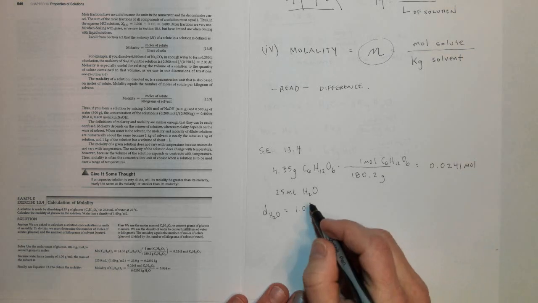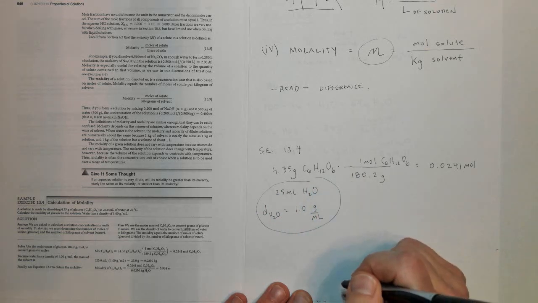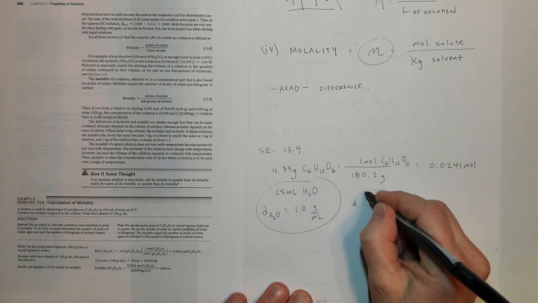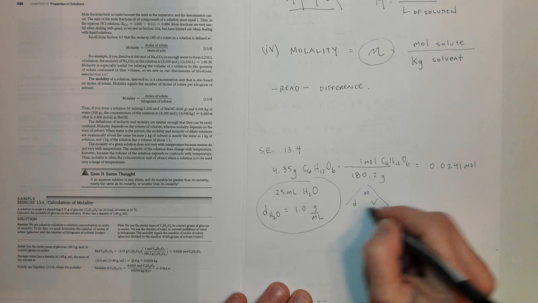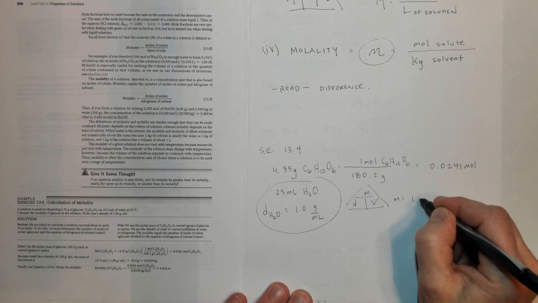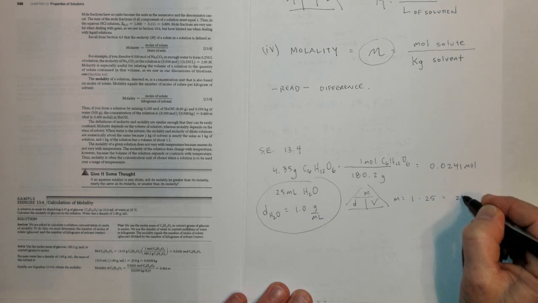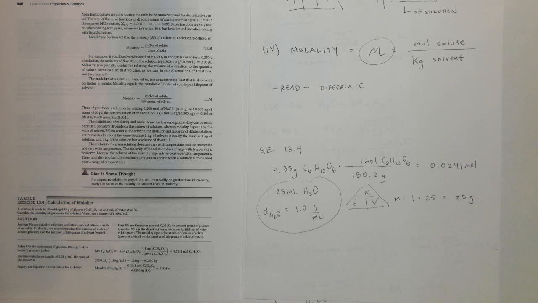And then we'd have to make sure that our solvent is converted to grams. If density is equal to mass divided by volume, we can find the mass by taking our density, 1 gram per milliliter, times 25 milliliters, and we'd have 25 grams of solvent.